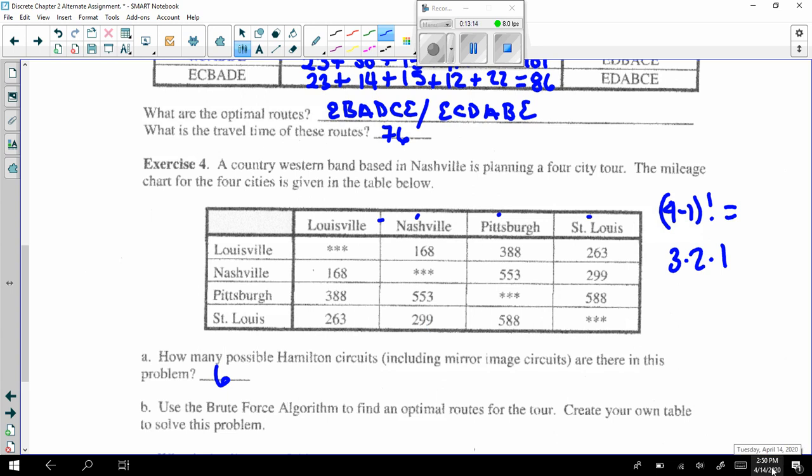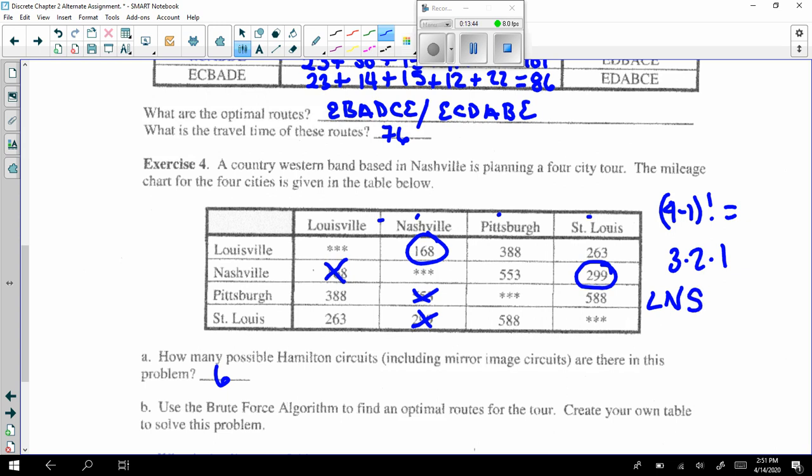So the first one we're going to do is Louisville to Nashville, right? We're going to use this Louisville to Nashville, so we can't use any of these. And then from Nashville, I'm not going back to Louisville. I have an option of these two. So I have 299 right here. So I have Louisville to Nashville to St. Louis.